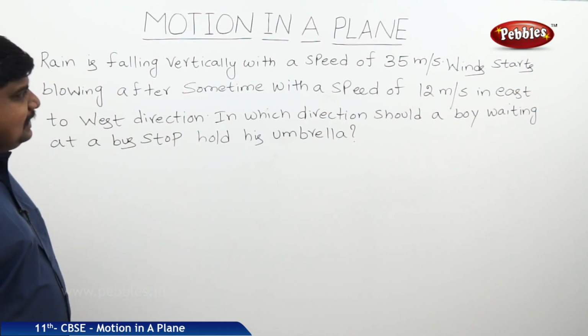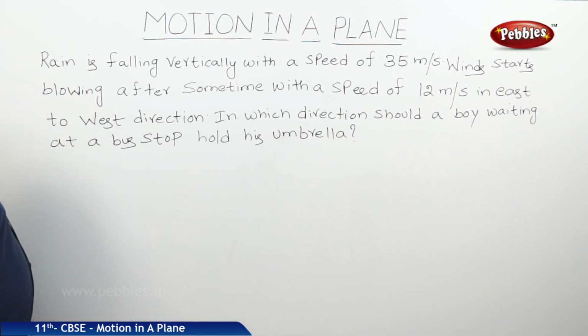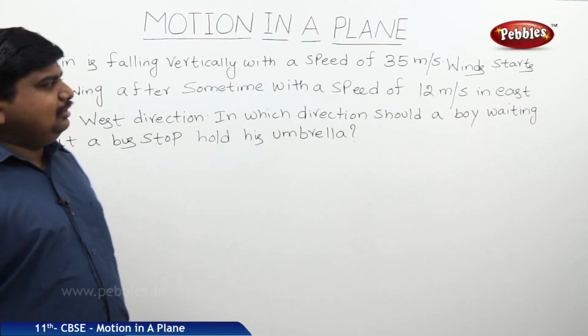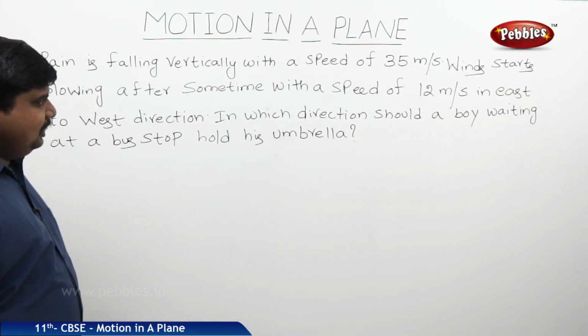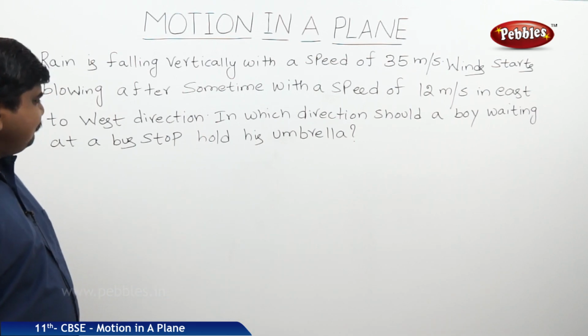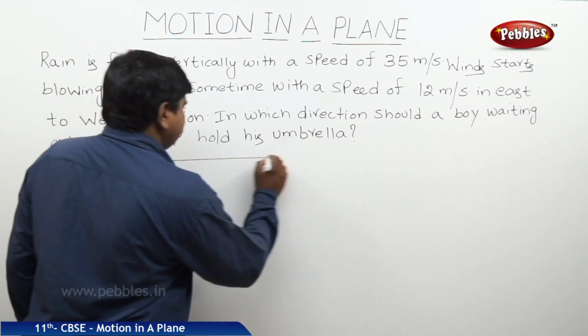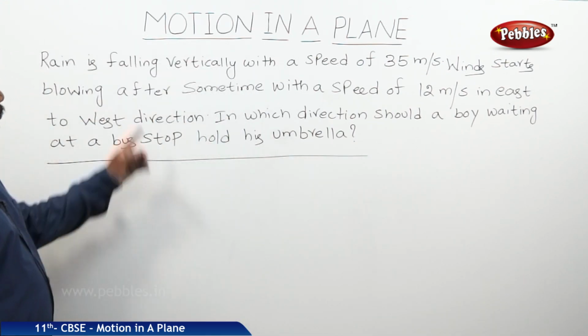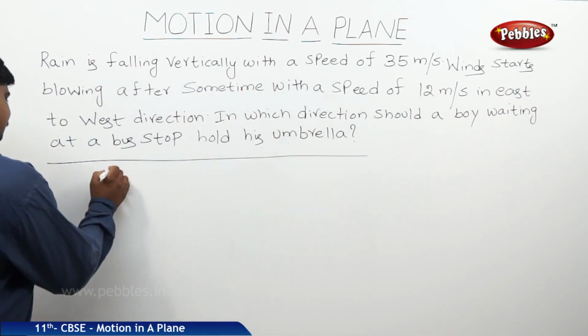Rain is falling vertically with a speed of 35 meters per second. Wind starts blowing after some time with a speed of 12 meters per second in east to west direction. In which direction should a boy waiting at a bus stop hold his umbrella? First, rain is falling vertically with a speed of 35 meters per second, like this.